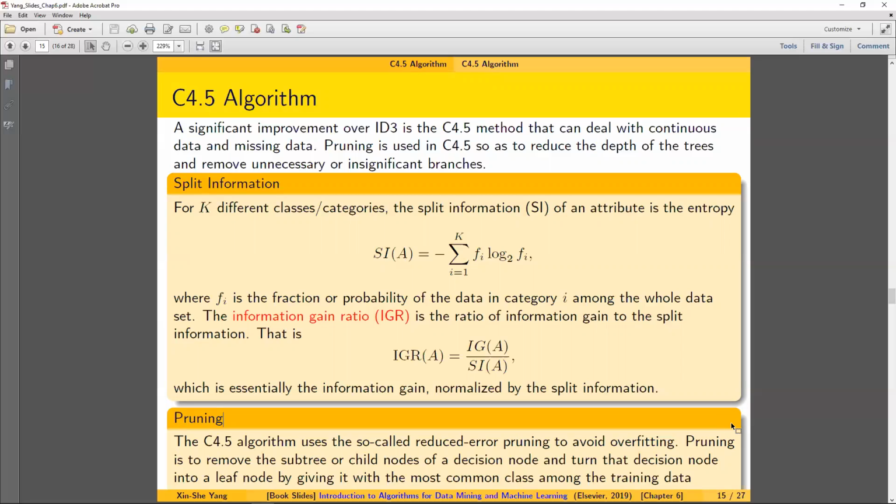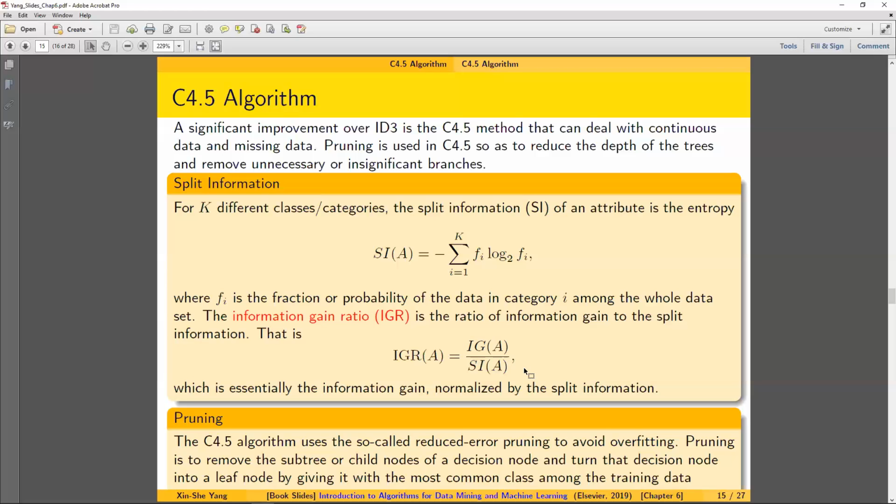So first thing is, let's define what is called split information. Split information of an attribute is an entropy of this functional form, where fi is a fraction or probability of the data in category i among the whole data set, and information gain ratio is information gain divided by split information.